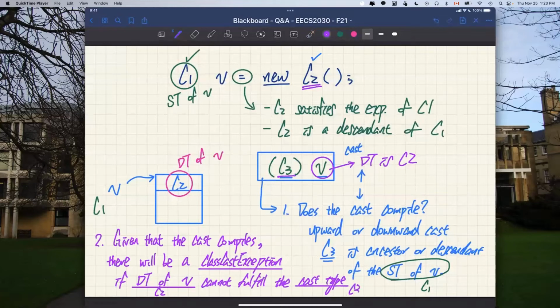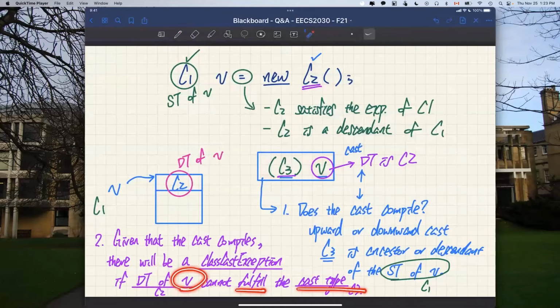All right, let me say a little bit more. In the lecture, I remember I phrased the same criteria in 3 different ways for you. So this is one way to say it: there will be a ClassCastException if the dynamic type of the variable V, which is C2, cannot fulfill the cast type, which is C3. Or you can say it if the dynamic type of V is not a descendant of the cast type.